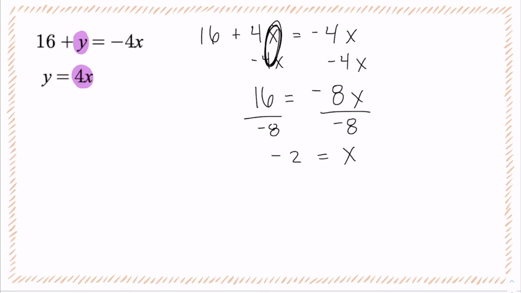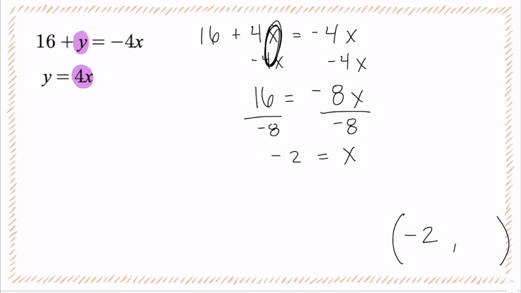Now remember, when we're trying to find a solution, we know it's some ordered pair. So we know our x coordinate. How could we figure out our y coordinate? Well, let's just substitute it back into one of the equations. It does not matter which equation you choose. I'm personally going to pick that second one, because it has a little bit less to deal with.